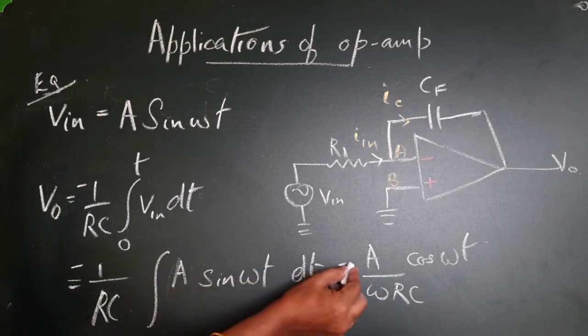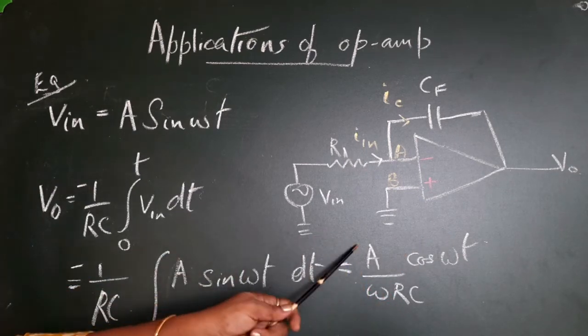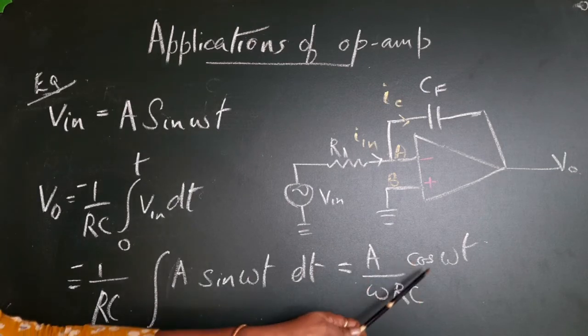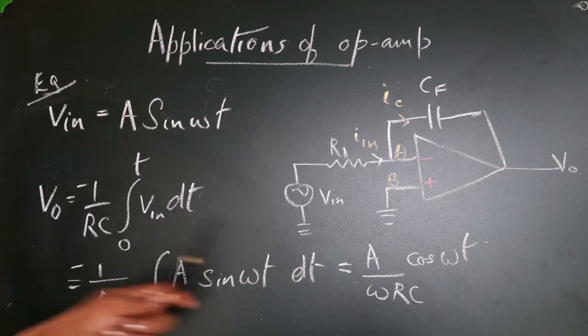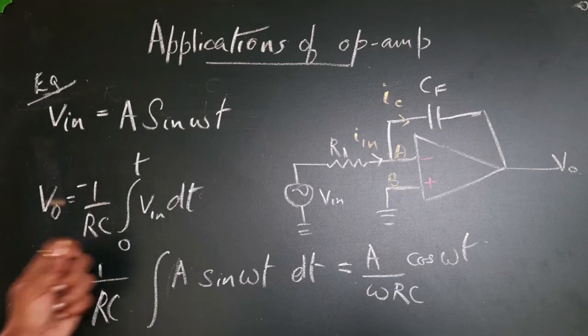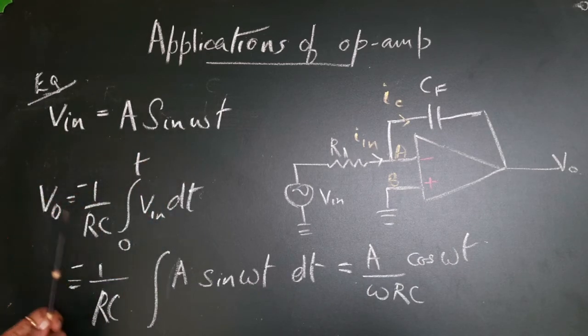So this will be our final output voltage: A by omega RC cos omega t. Whatever the constants are, you substitute them. Omega is the frequency of the input signal. So substitute it and you will get the final output value.